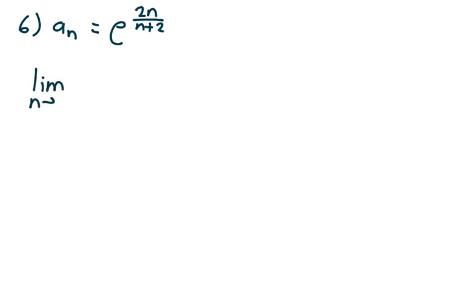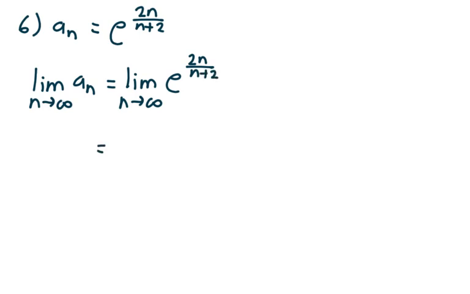If we take a look at the limit as n goes to infinity of a sub n, this is the limit as n goes to infinity of e to the 2n over n plus 2. But we could write this as follows. This is e to the limit as n goes to infinity of 2n over n plus 2.